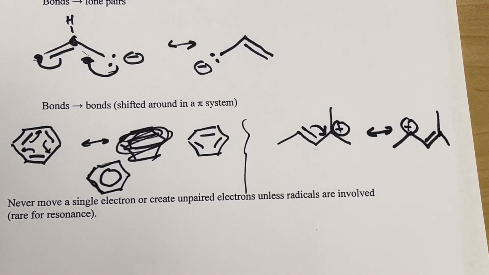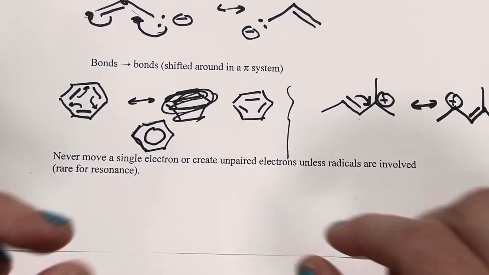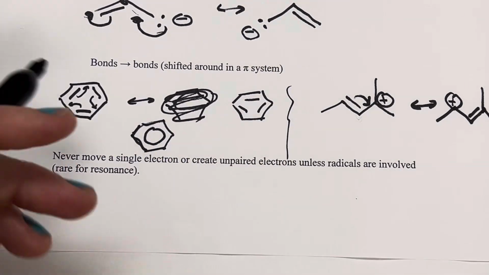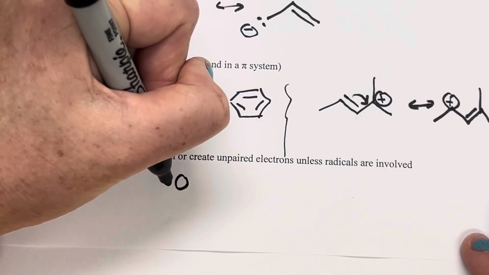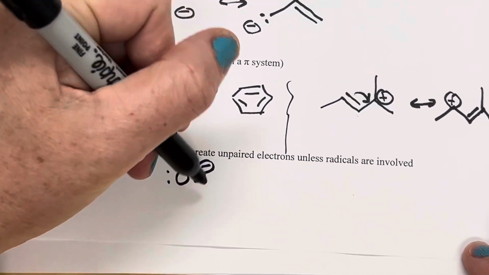Okay, you're never going to move a single electron. You can't just take a bond and move it. We know that bonds represent 2 electrons. You can't just move 1 electron someplace and 1 electron another place.